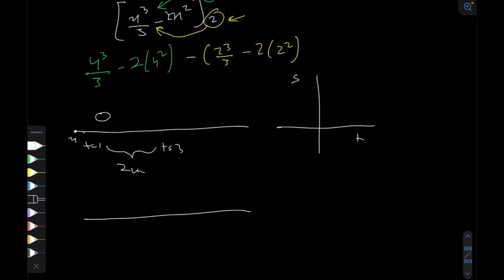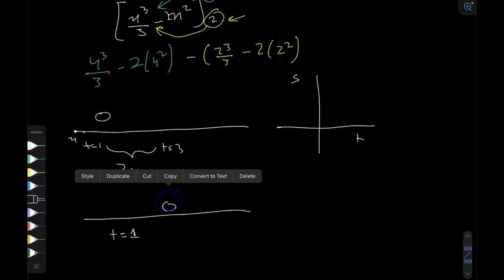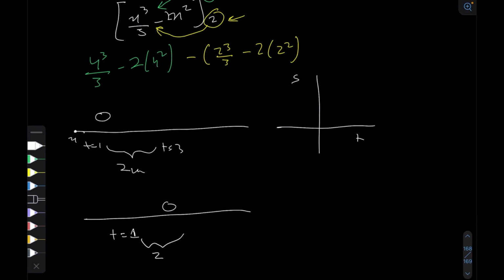It doesn't matter what the initial displacement was, it doesn't matter where the car is at t equals 1, because as long as its velocity remains the same from t equals 1 to t equals 3, it will still cover the same distance. It will still cover 2 meters. So if my car's velocity is constant, it will still cover the same distance.